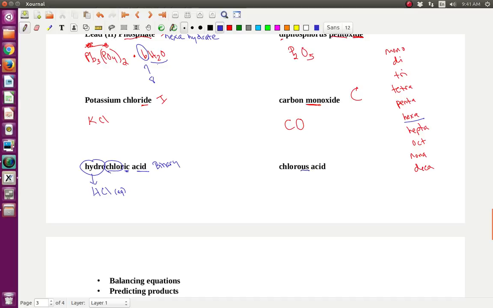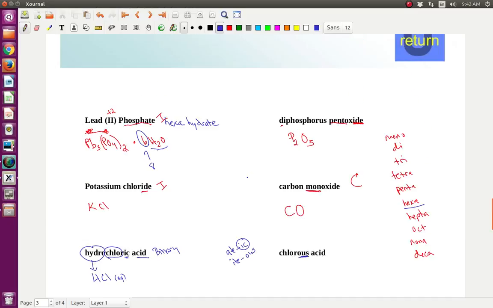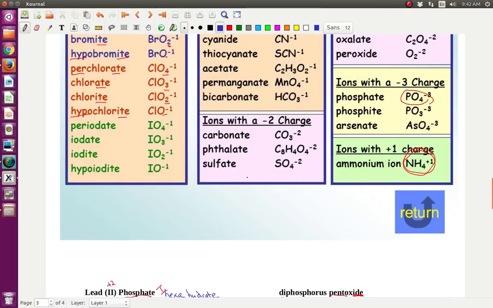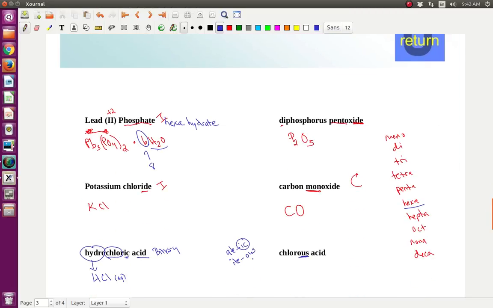Now, chlorous acid, we have to remember ate ic, ite us. Ate ic, ite us. So chlorous means it came from the ite polyatomic ion. Chlorous came from the ite, because us comes from the ite.